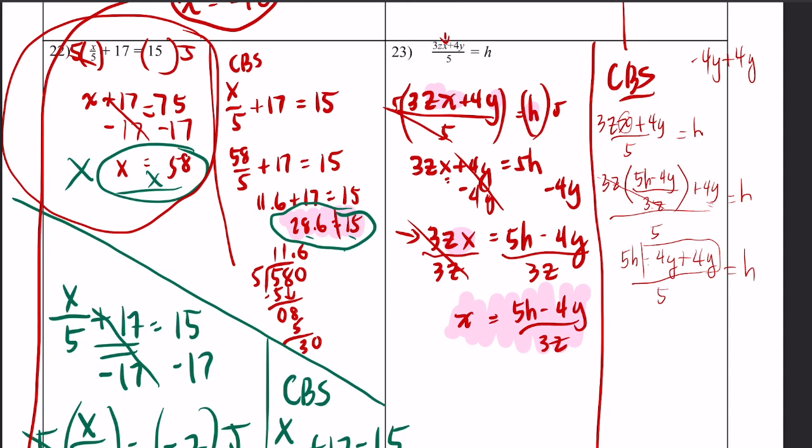Negative 4, positive 4 is 0. 0y. Anything multiplied by 0 is 0. So that cancels out. So you're left with 5h over 5 equals h. And since you have 5 in the numerator and denominator and it's multiplication, I can cancel that. So you have h equals h. Left hand equals right hand. So that means this is correct. Okay?